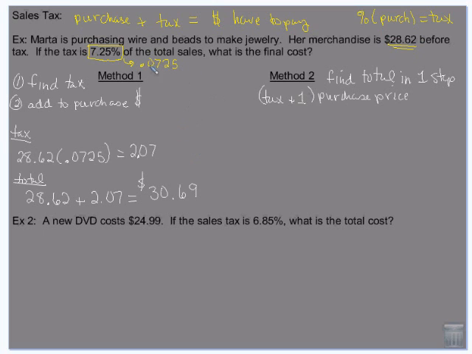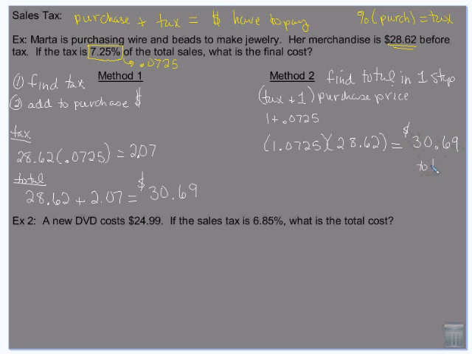So we're going to take 1 plus 0.0725. Well, that's just 1.0725 times the purchase price of 28.62. And I'm still going to get $30.69.